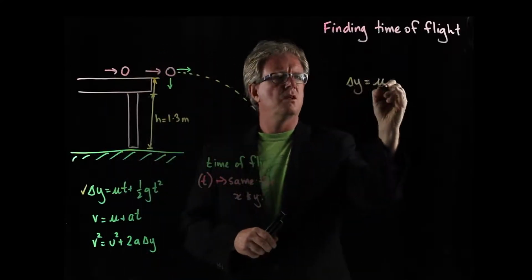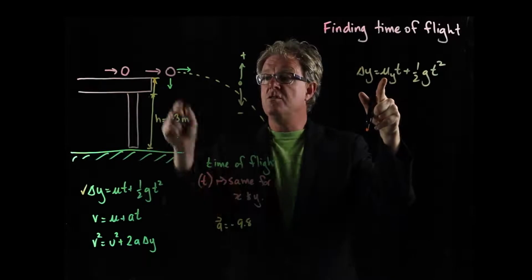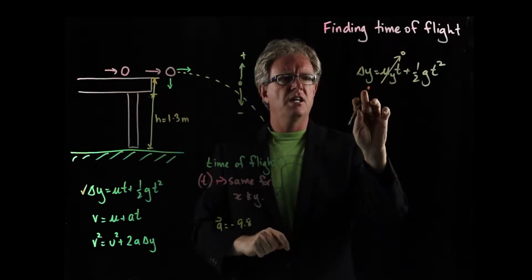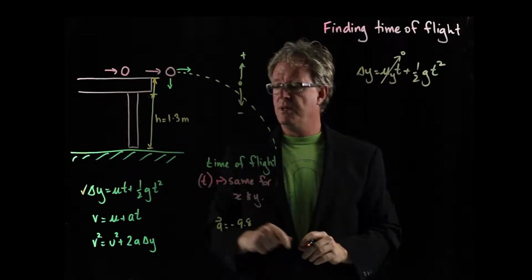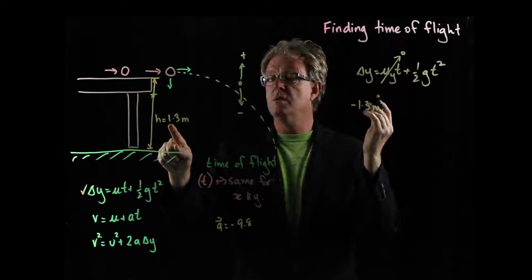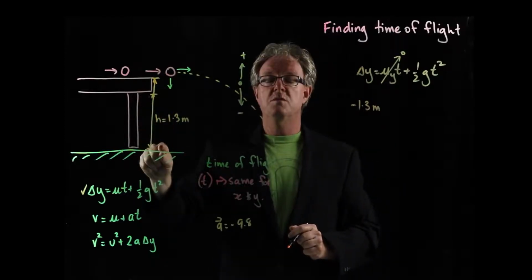So let's use that. We've got this equation here. We know that the initial velocity is 0, so that's 0 there. Our change in y is minus 1.3. Why is it minus 1.3, you ask? Well, because we're starting here, which is 0, and we're going below the original starting point.